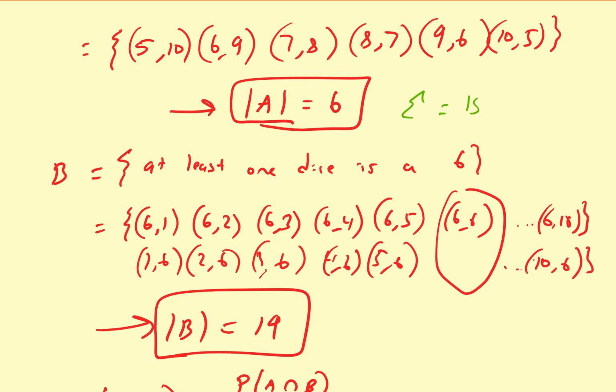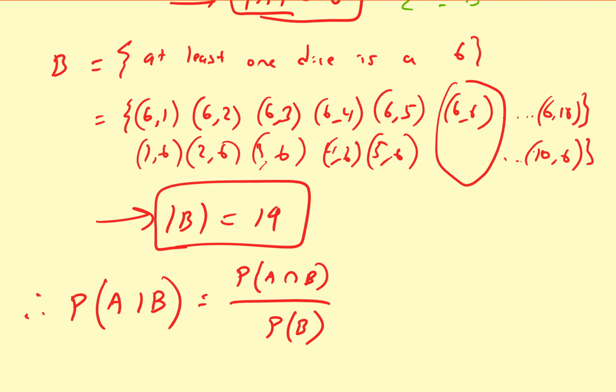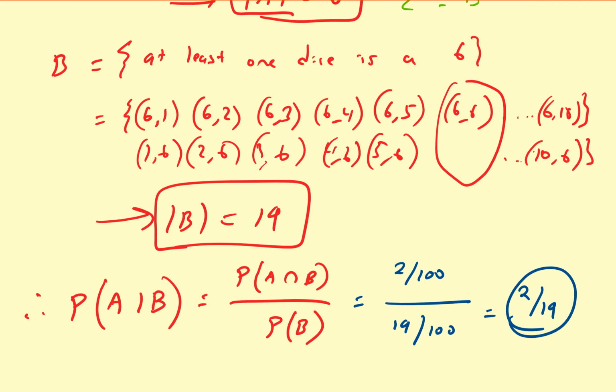So (6,9) must be there, (9,6) must be there. There are only 2 of them, so the probability of getting one of those is 2 out of 100. And the probability of B is 19 out of 100. So that probability is equal to 2 divided by 19. That's the probability of A, assuming that B has already occurred.